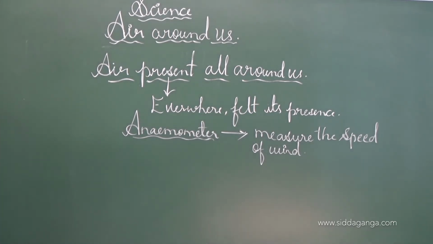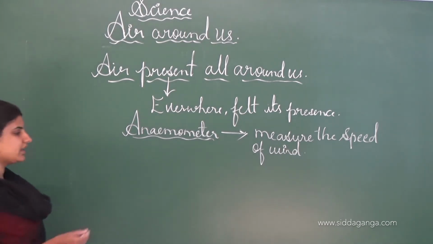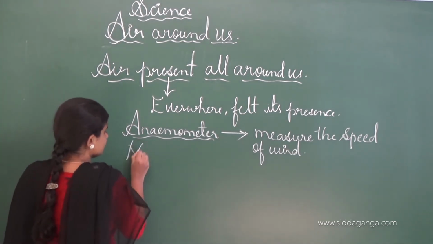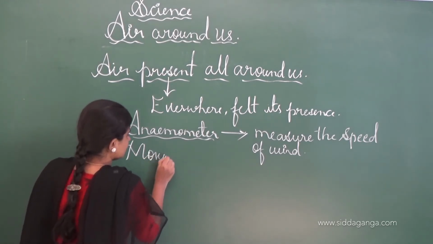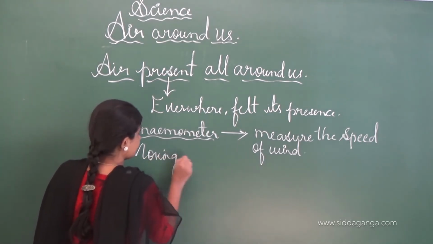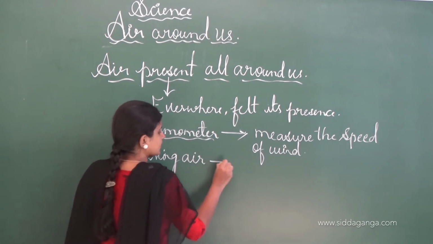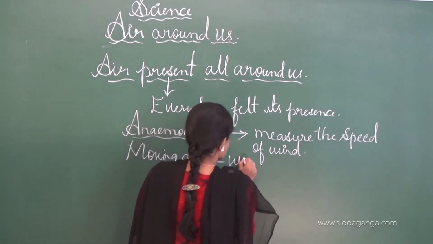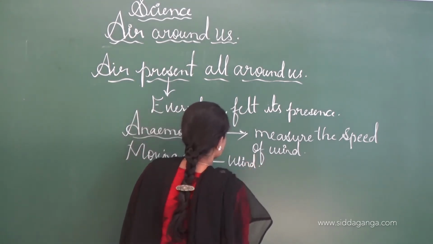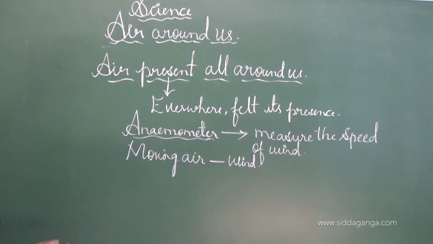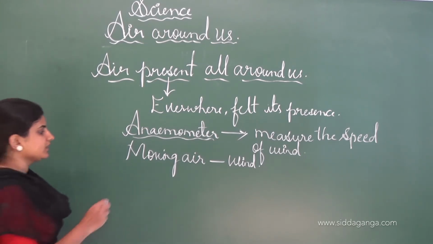And the next one is: moving air is called wind. Breeze also comes under here, and breeze is nothing but the wind when the wind blows at a low speed.